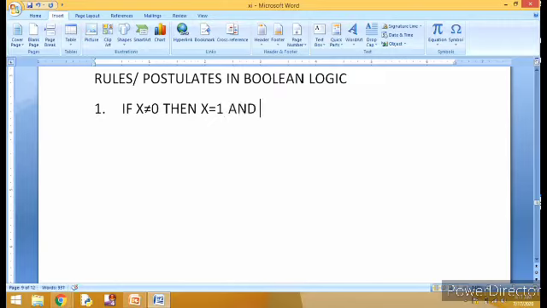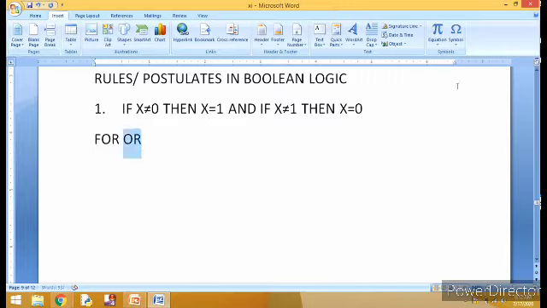And likewise, if x is not equal to 1, then x will hold the value 0. So this is the very first postulate, which is known to all of us. Now the second thing, I am talking about the OR operator.